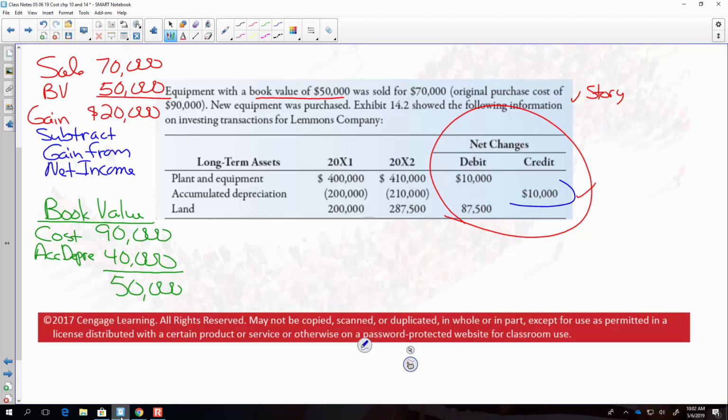How is that possible when I have 10 here for the accumulated? The change in my accumulated was 10, but I took out 40. So what must have happened? We didn't buy anything else. Let's start here. It went up 10, but I went down 40 when I sold the equipment.